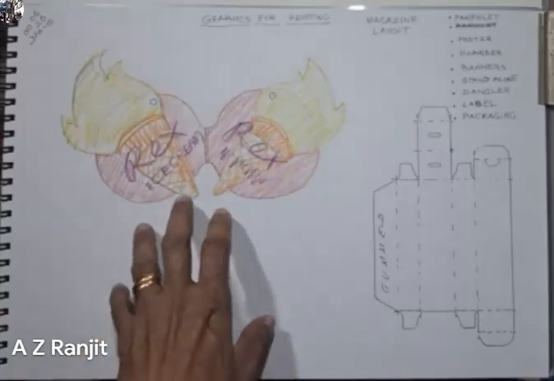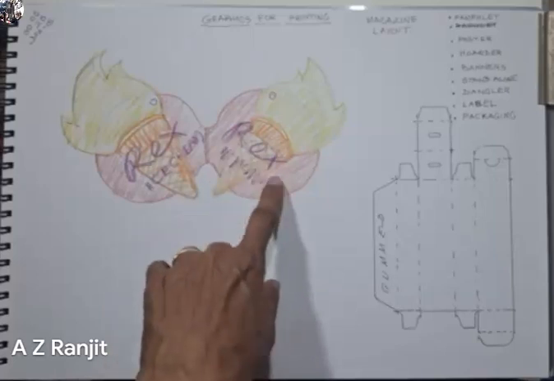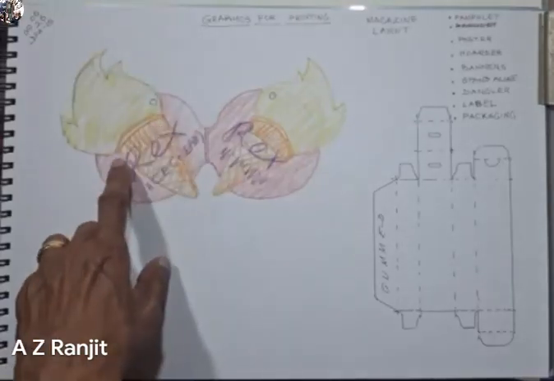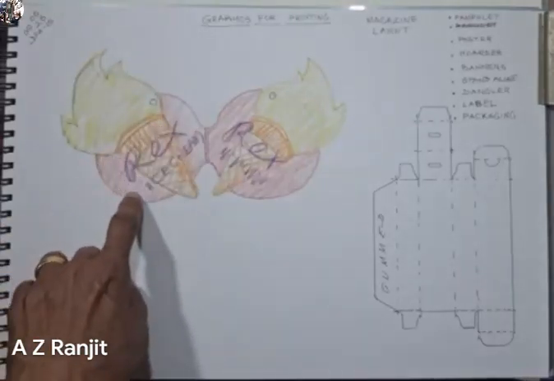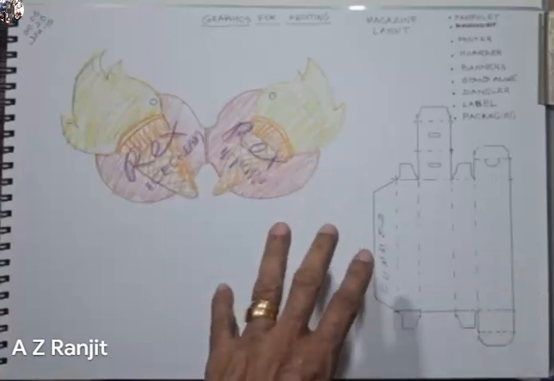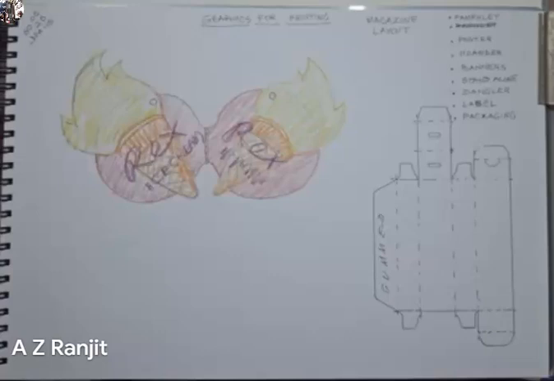Now we have so many things here. There is a name. There is a hole for hanging the thing. There can be the price list here. So many elements are there, but all the elements are trying to sell Rex ice cream. So unity.